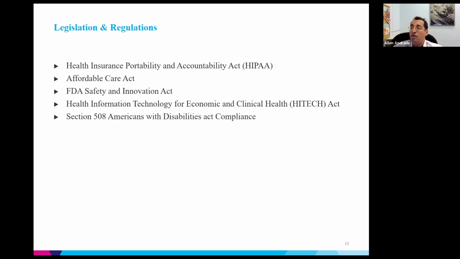There is a lot of legislation that has come about to help promote these digital technologies. They're enshrined in the Health Insurance Portability and Accountability Act, the Affordable Care Act, the FDA Safety and Innovation Act, the HITECH Act, and Section 508 of the Americans with Disabilities Act.